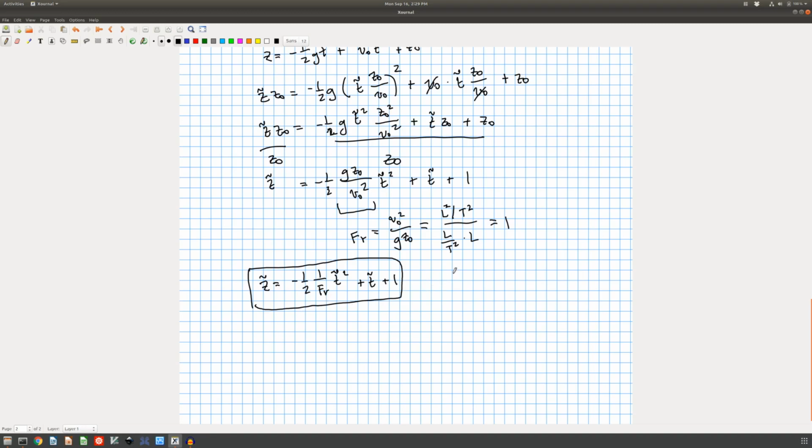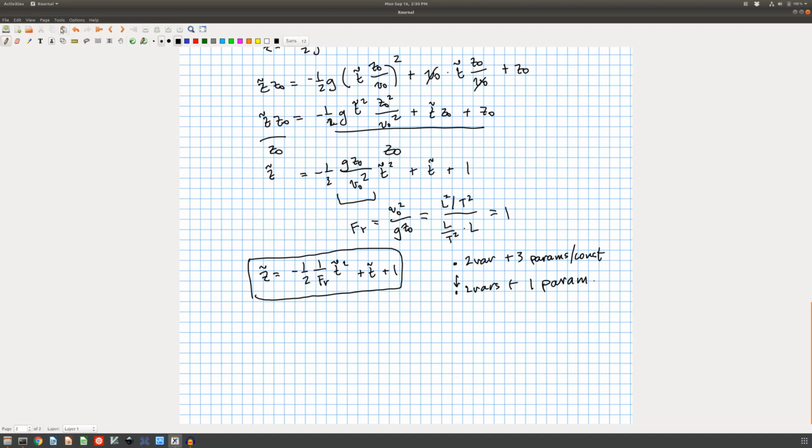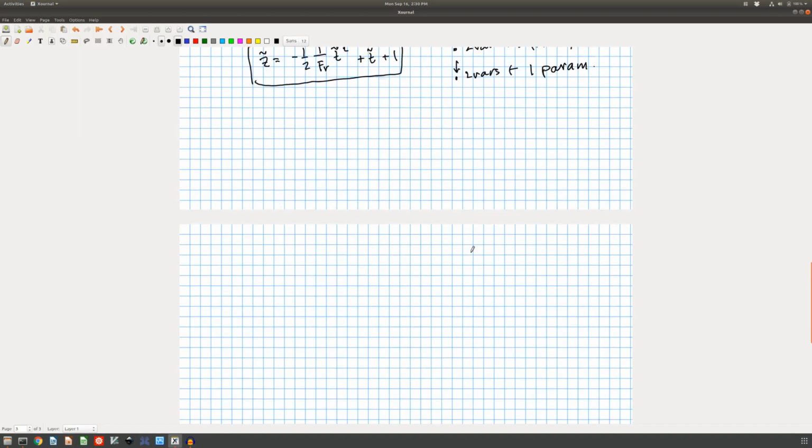So I went from 2 variables plus 3 parameters and constants, okay, to now I have 2 variables plus 1 parameter. Okay, so think about what's going on here. What happened if I make my plot? Let me add a new page down here, a new page after.